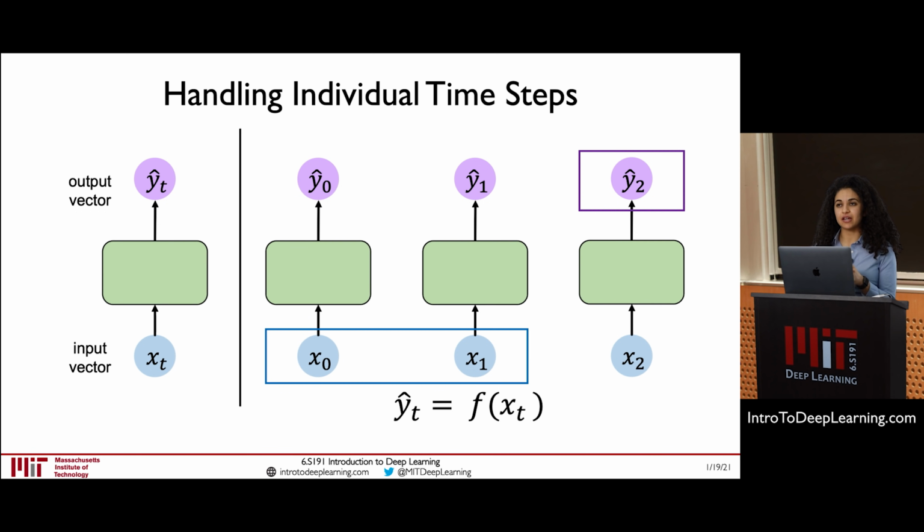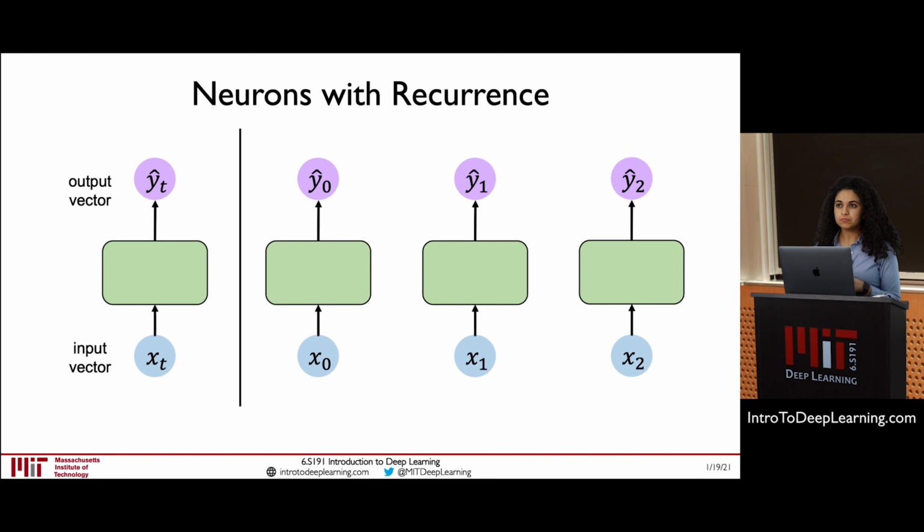So what we're missing here by treating these individual time steps as isolated is this relationship that's inherent to sequence data between inputs earlier on in the sequence and what we predict later on in the sequence. So how could we address this?